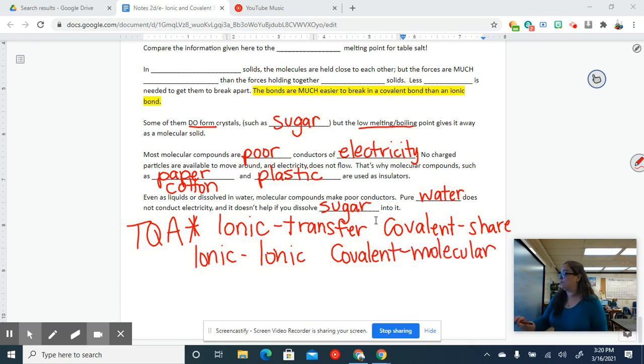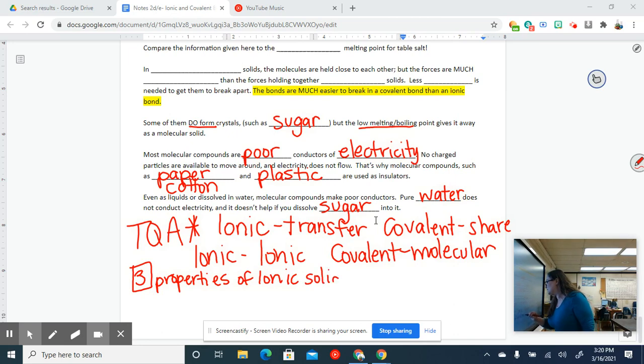You need to know the 3 properties of ionic solids: 3D crystal shape, high melting point, electrical conductivity. And you need to know that molecular bonds are weaker by a lot than ionic.